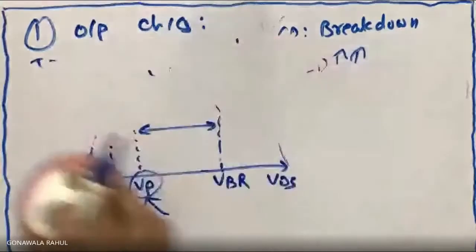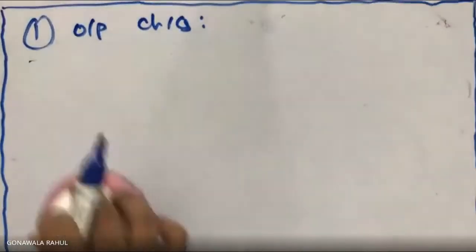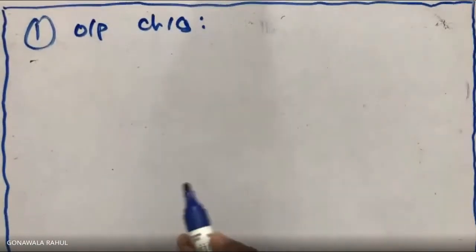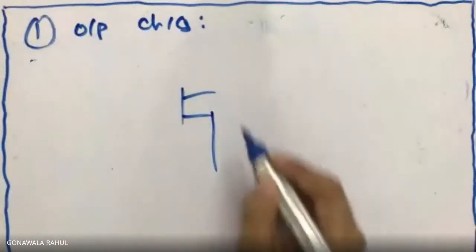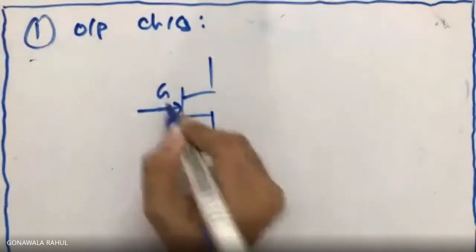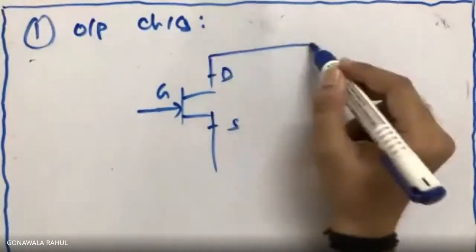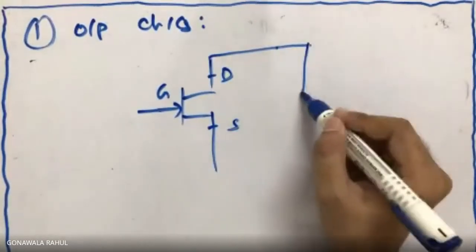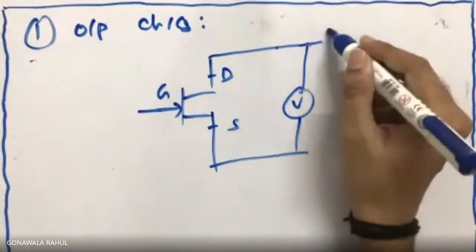Now we will see the circuit arrangement, how these output characteristics have been measured. As we know, this is our gate, source, drain. Here a voltmeter has been connected to measure the current.